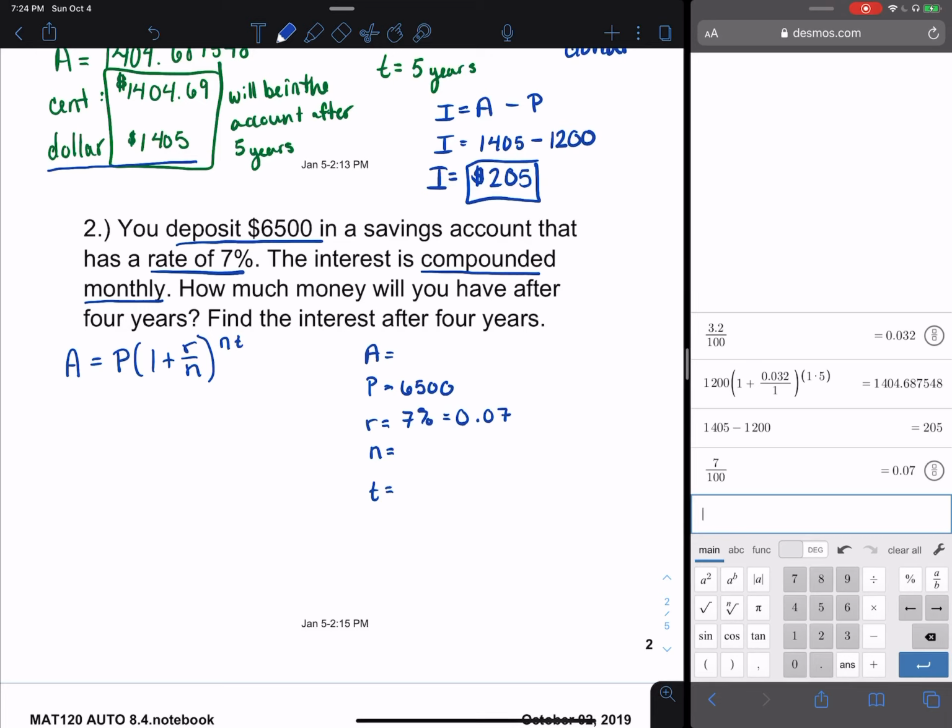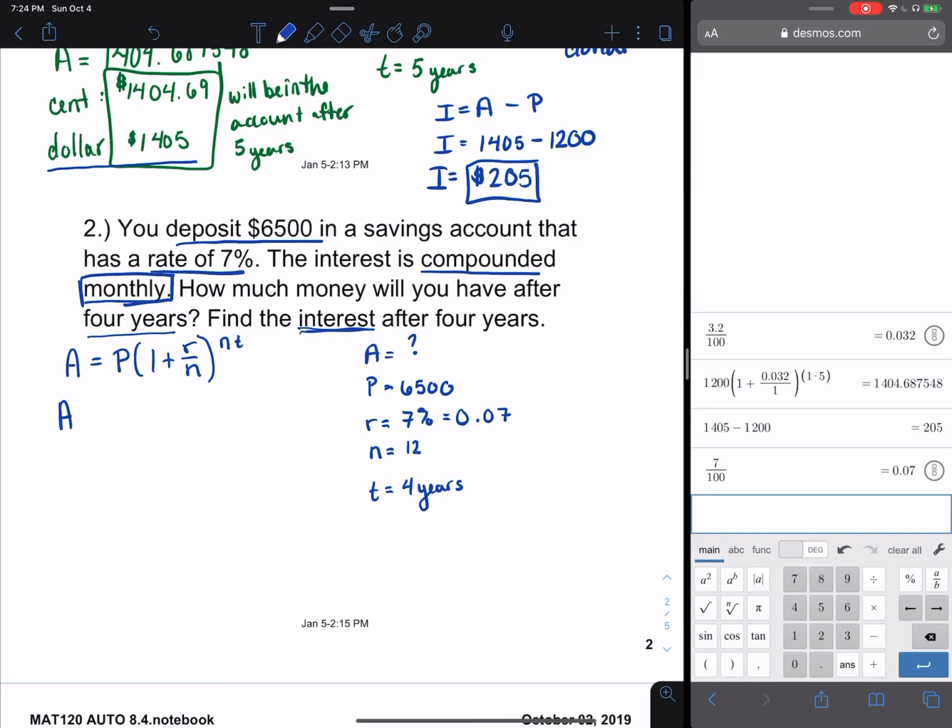They told me that they compounded it monthly. That's going to give me my N. There's 12 months in a year, so my N is going to equal 12. How much money will you have after 4 years? So my time is 4 years. I'm looking for how much money I'll have in the future, so I want that A.